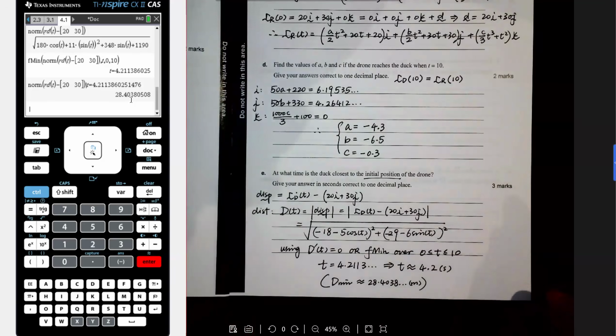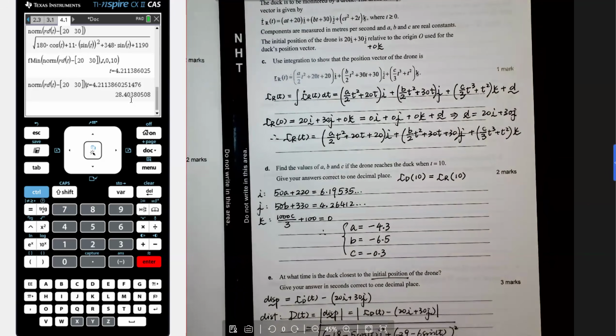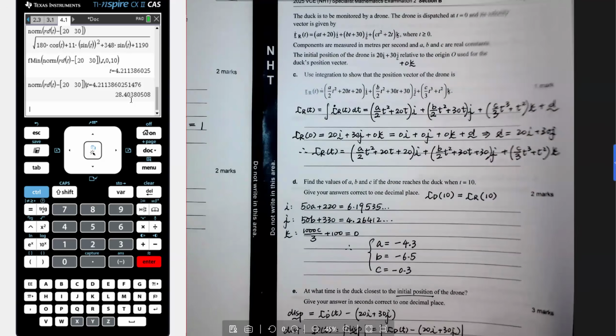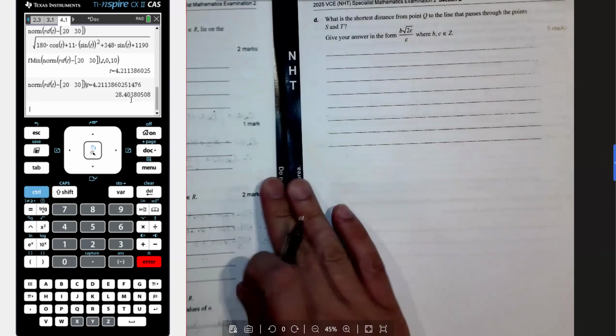So this is optional, okay? You don't have to specify this. This is just my personal habit. If I found the t-value, I'll just find the shortest, the smallest value or the maximum value altogether.